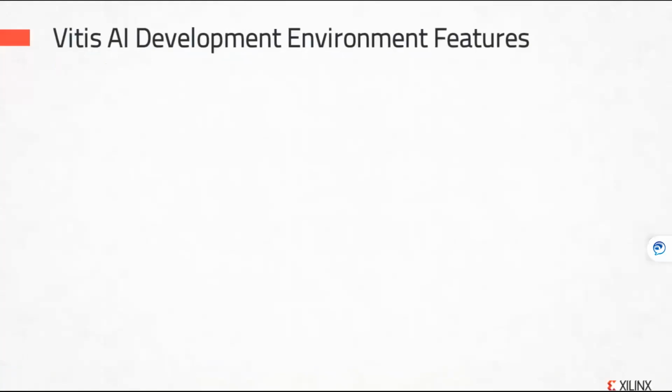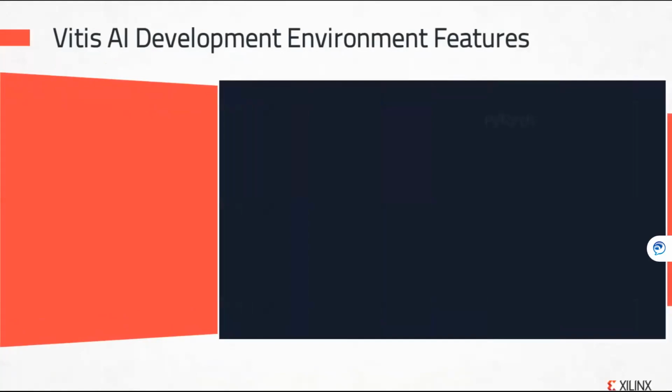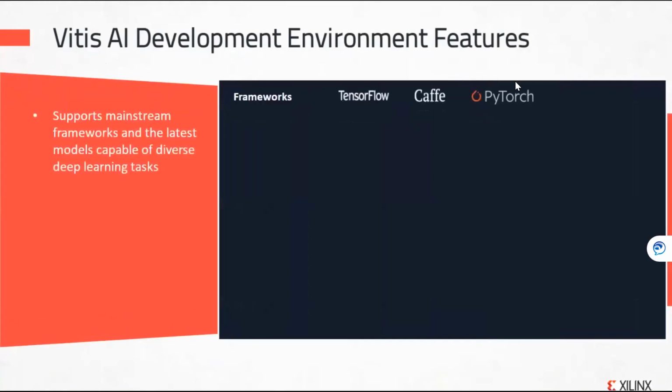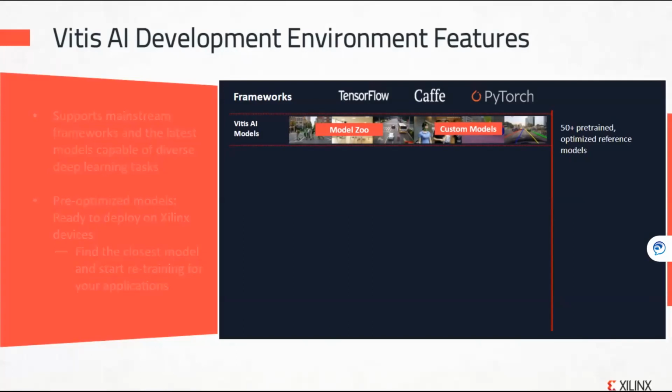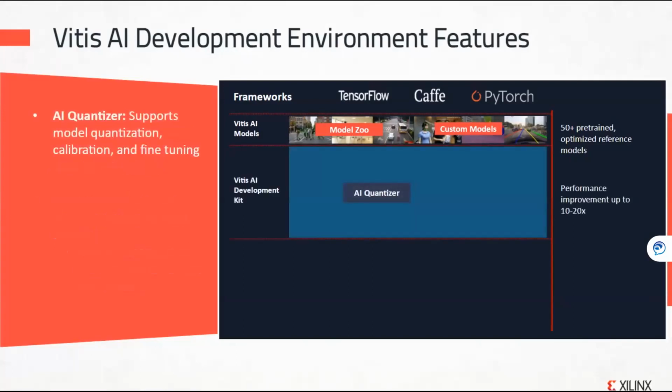Let's look at some of the features that the Vitis AI environment provides. It supports mainstream frameworks and the latest models capable of diverse deep learning tasks. It provides a comprehensive set of pre-optimized models that are ready to deploy on Xilinx devices. You can find the closest model and start retraining for your applications. It provides a powerful quantizer that supports model quantization, calibration, and fine-tuning.